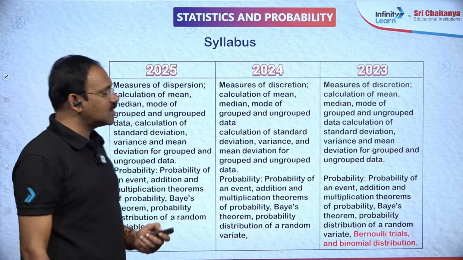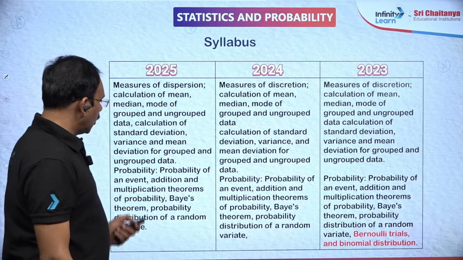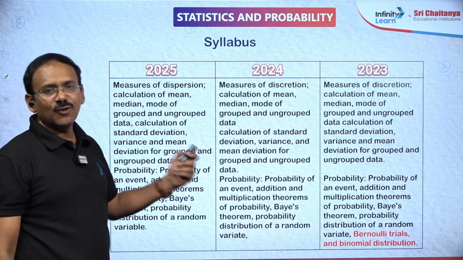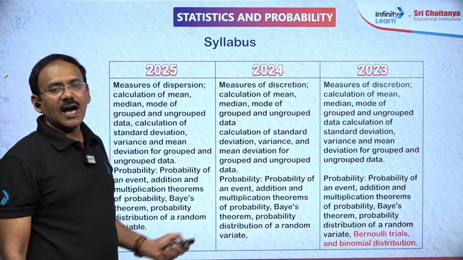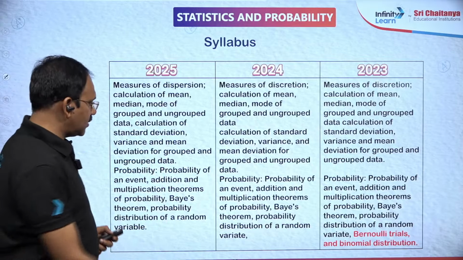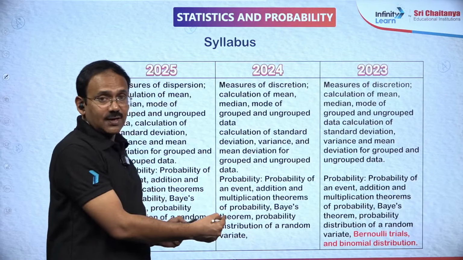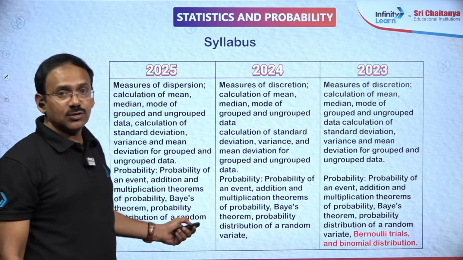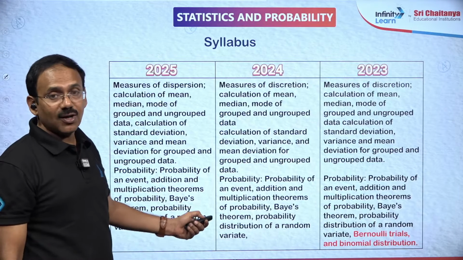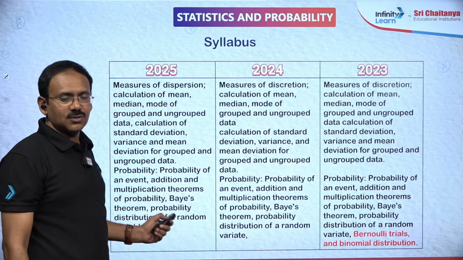So, coming to statistics and probability, almost here also there is no difference in 24 and 25. But in 23, in probability distributions, the probability function is given, the random variable is also given, and additionally Bernoulli trials and binomial distribution used to be there. Now in 2024 the binomial distribution and Bernoulli trial were not given, and 25 also carried the same, so not given.